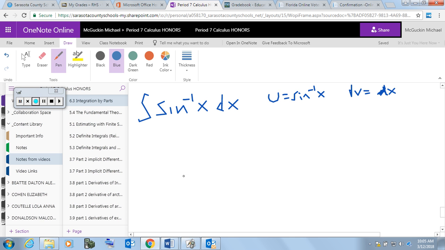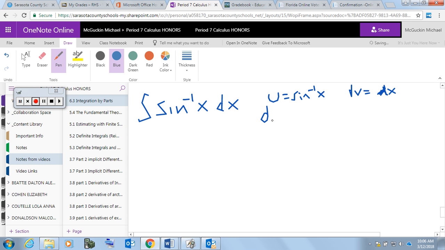Now we have u, so we want to find du in this particular case. The derivative of the sine inverse of x is just going to be 1 over the square root of 1 minus x squared.